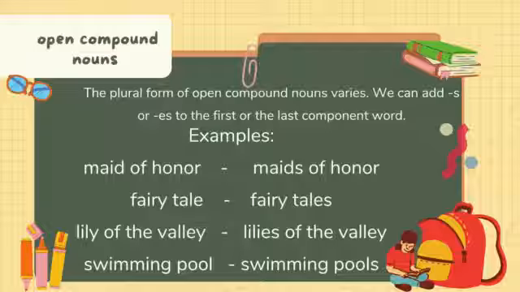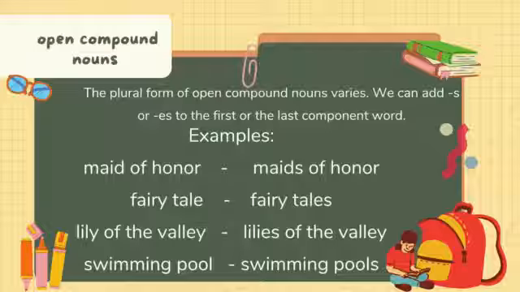Okay, so to be precise, I'd like you to check using your dictionary, or you can Google or research about what is the plural form of that particular compound noun, especially if you are not familiar with the word.